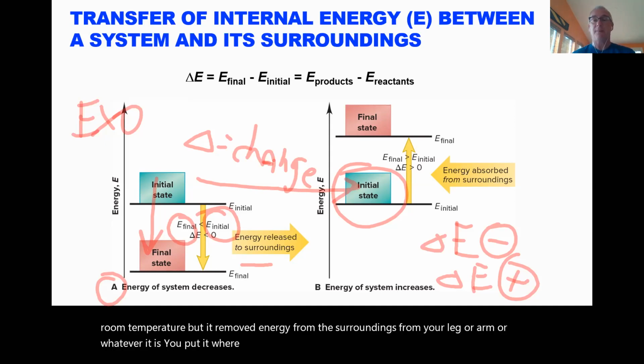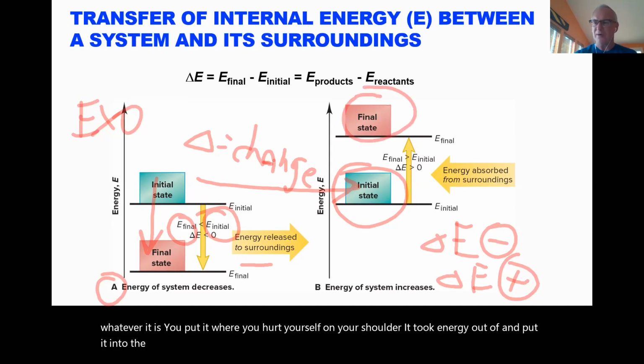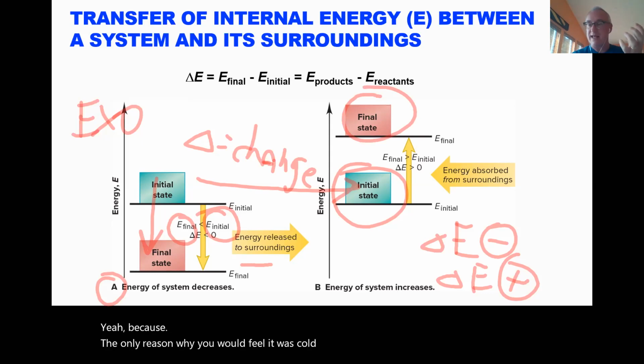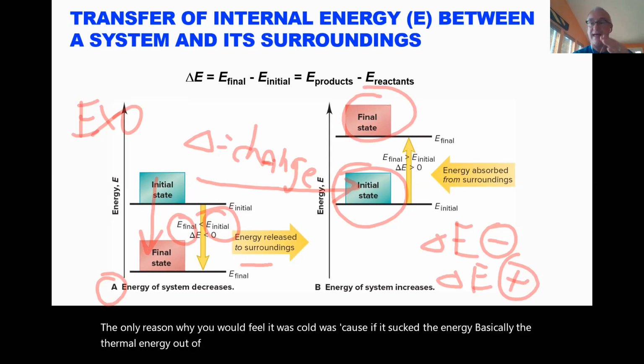It took energy out of that and put it into the system, which sounds weird, right? Because it got cold. So you're saying it got cold and yet it absorbed energy? Yeah, because the only reason you feel it's cold is that it sucked the thermal energy out of you. That's how it increases in energy.